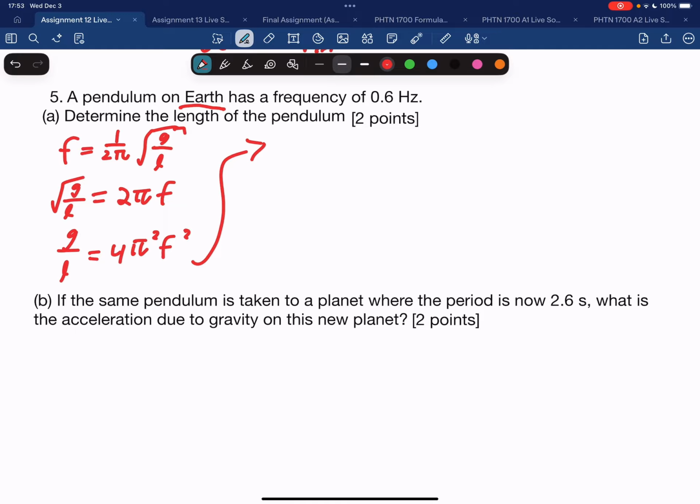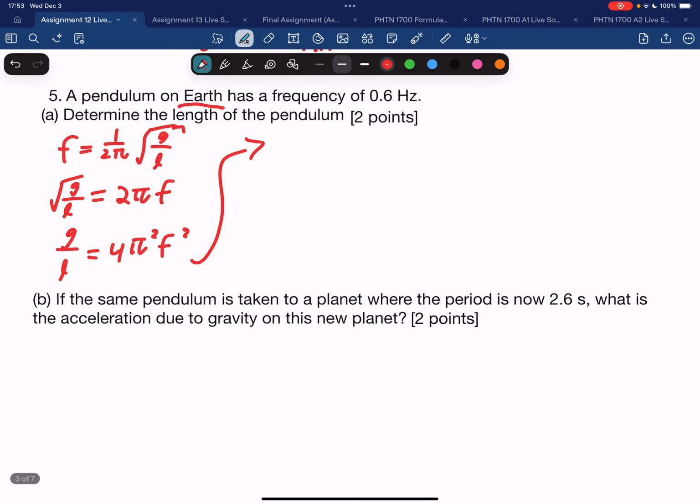Multiplying everything by L and dividing everything by 4 pi squared f squared, I get L equals g over 4 pi squared f squared.